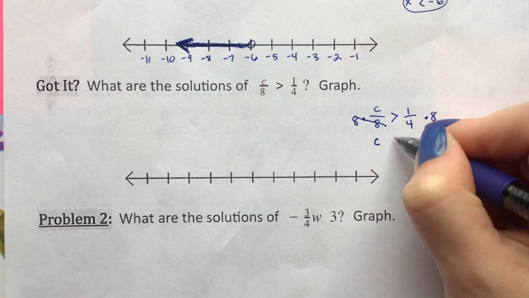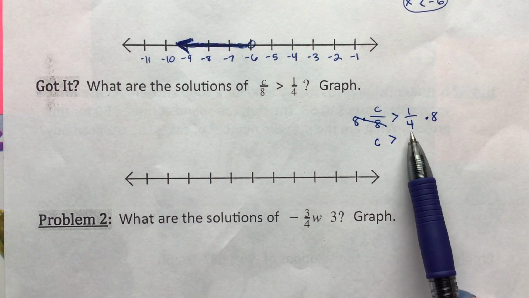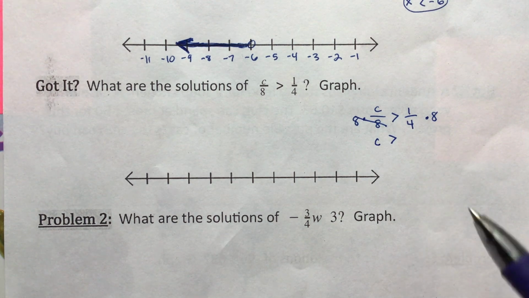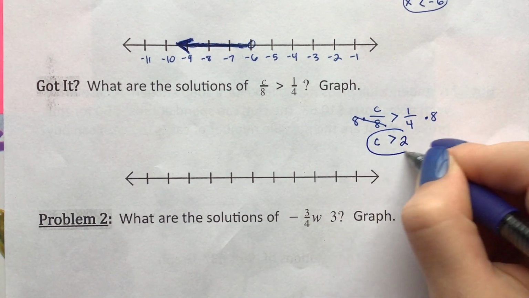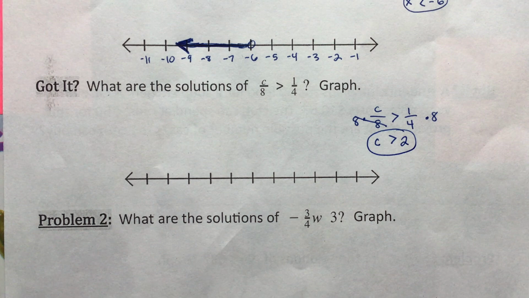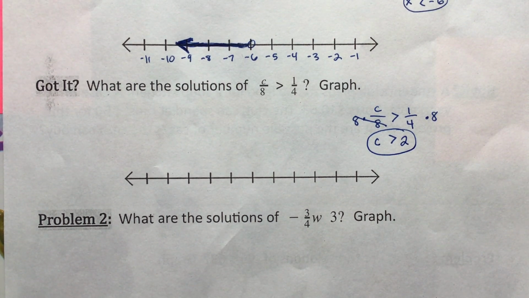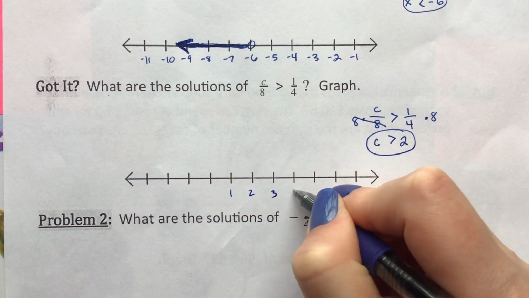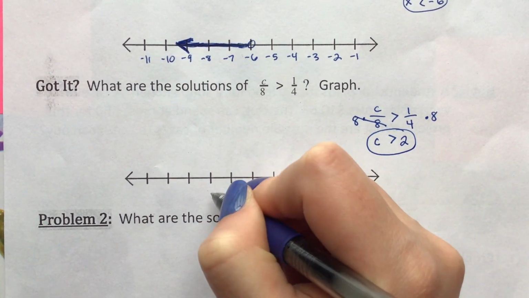So these cancel, and I have c is greater than 1/4 times 8, which is going to get me 2. So now I have c is greater than 2, and I'm going to start filling in my number line again.